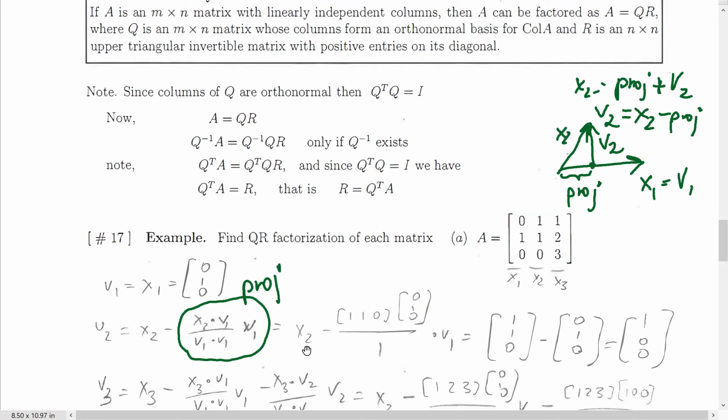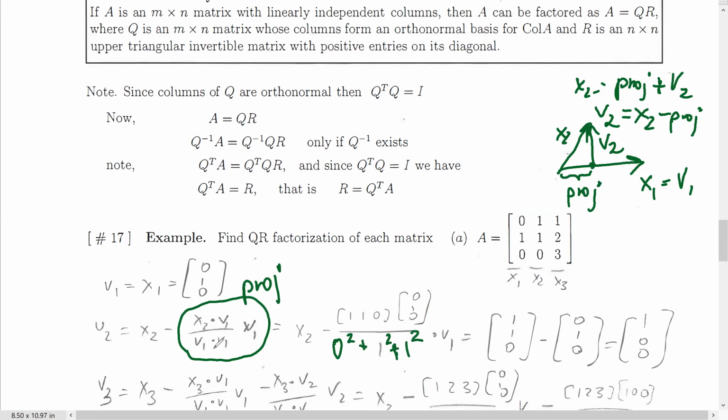is x1. So if you substitute everything as it goes, you have x2, and x2 transpose times x1, and then you have the v1, which is 0 square plus 1 square plus 0 square, right? Which is 1.